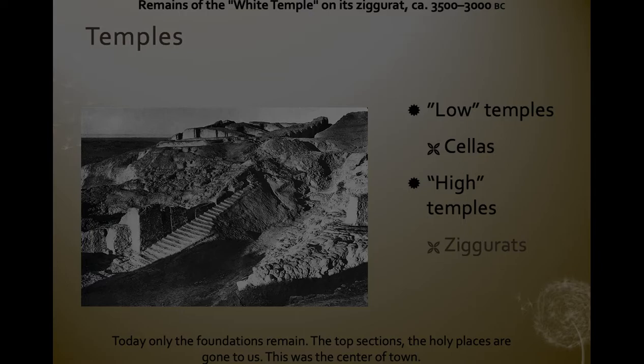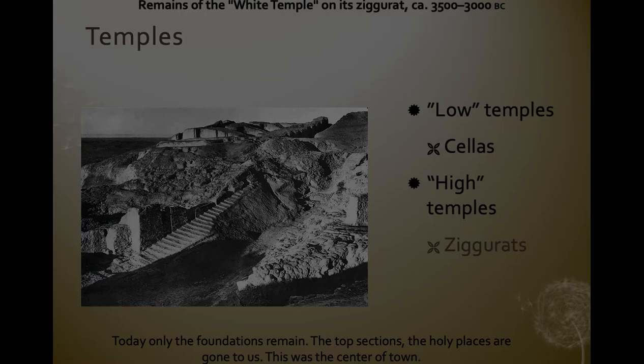And then we have high temples. High temples are very similar to low temples. The only difference is that they were built on a raised platform above ground level. These platforms were gradually transformed into squat, stepped pyramids that we now know as ziggurats.